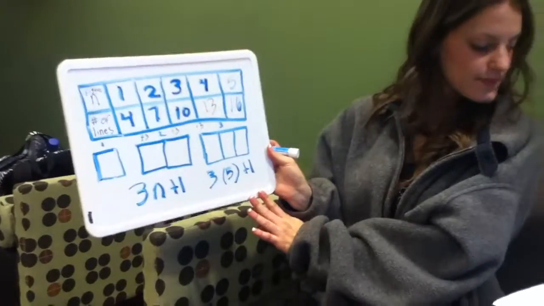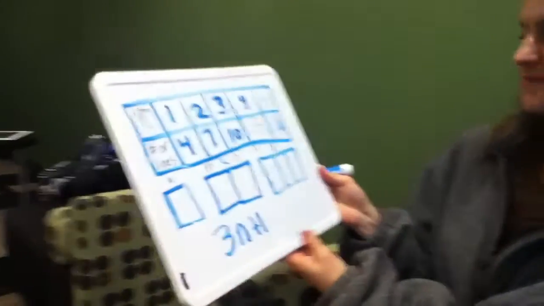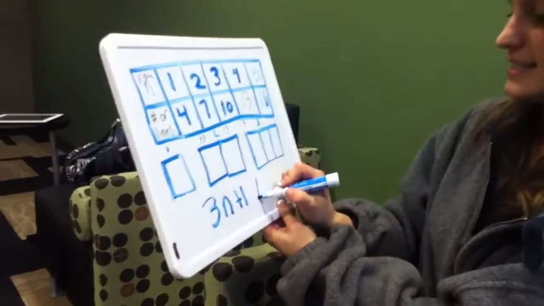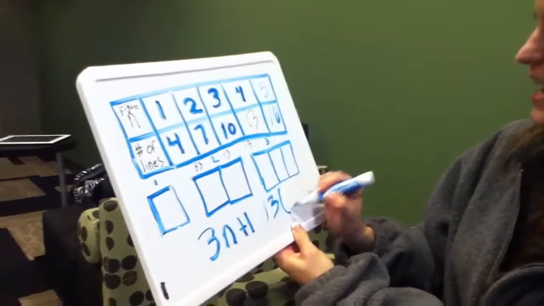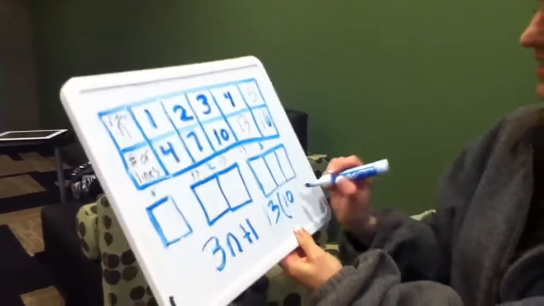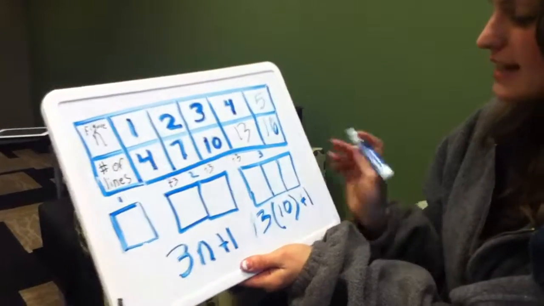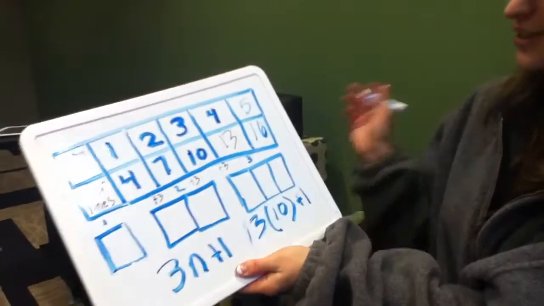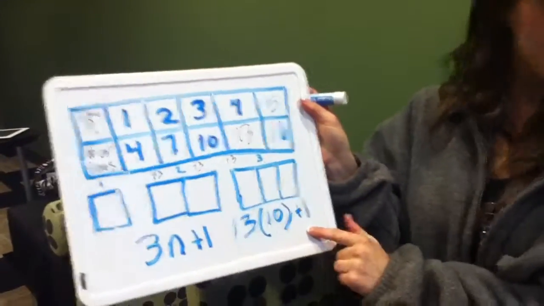Now, let's try to find the 10th term. 3 times 10, 10 represents the n, remember, plus 1 equals 31. So in figure 10, there would be 31 lines.